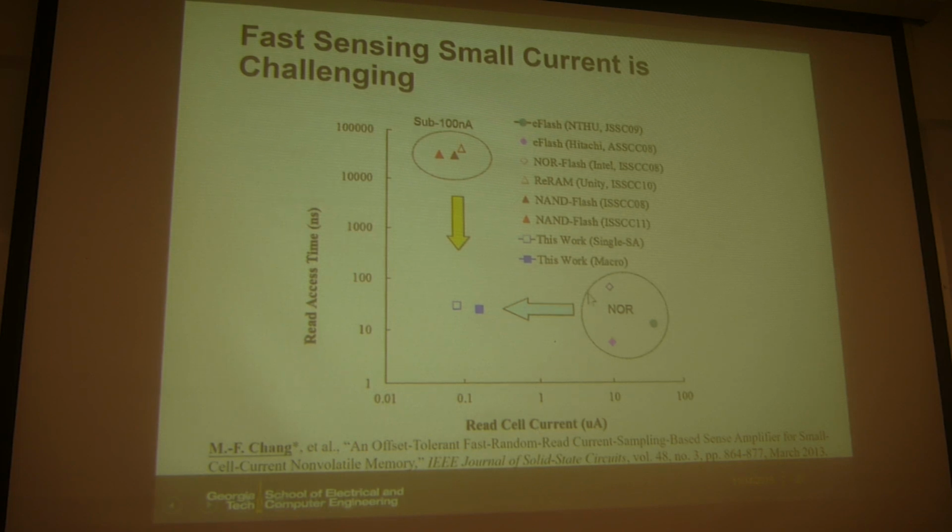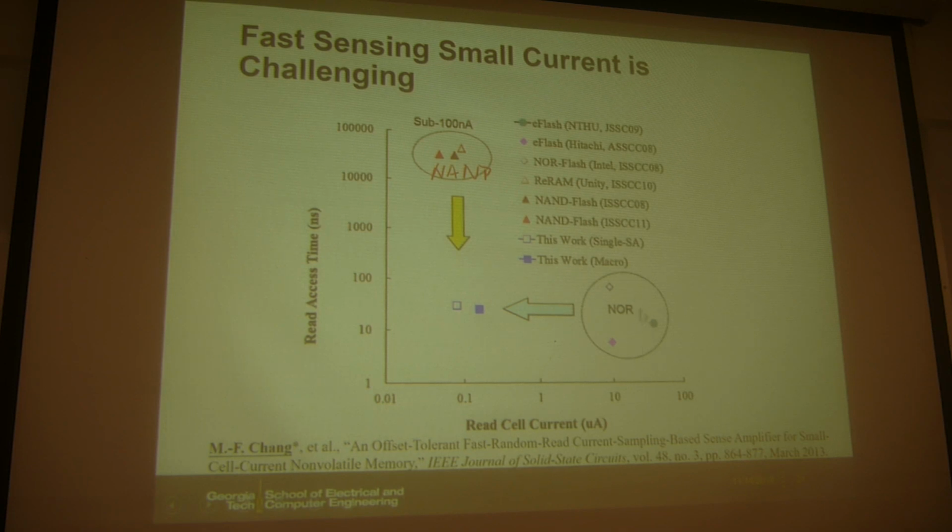So here we see the difference between NAND and NOR we discussed before. So NOR, this is flash, okay? NOR flash is fast, like tenths of nanosecond. The reason is that the NOR flash has a single floating gate transistor attached to the bit line, and the current from that NOR flash transistor can be tens of microamp.